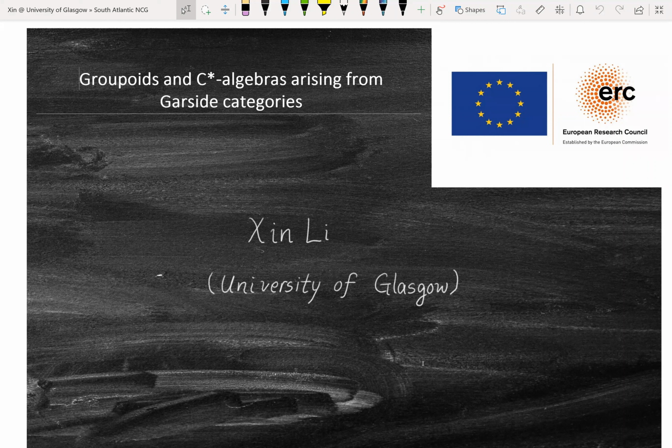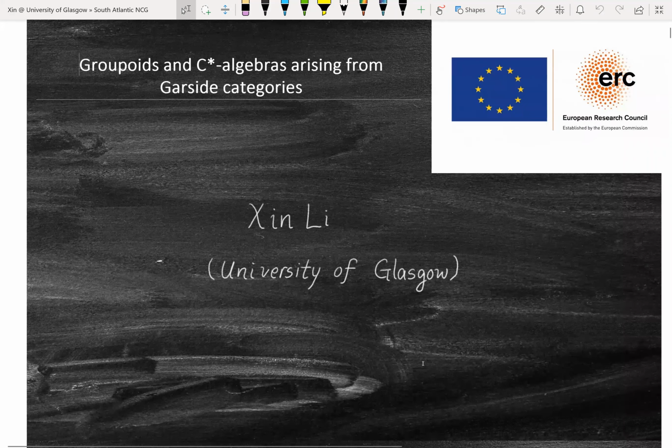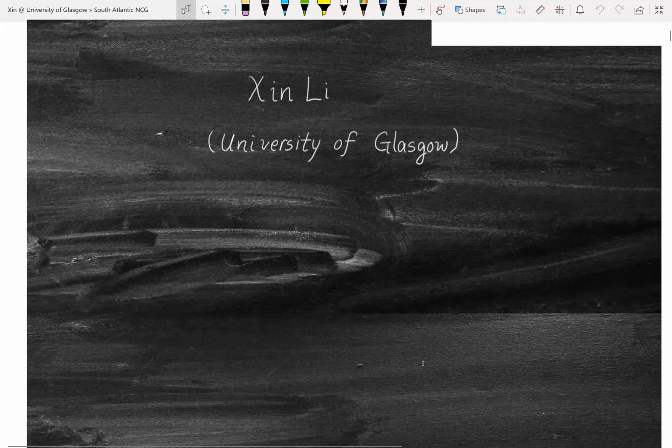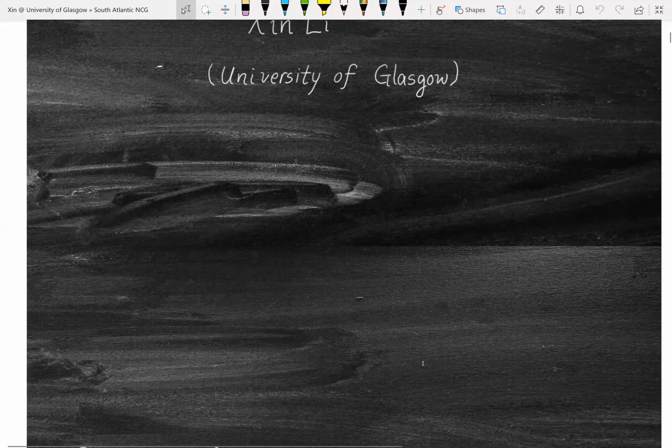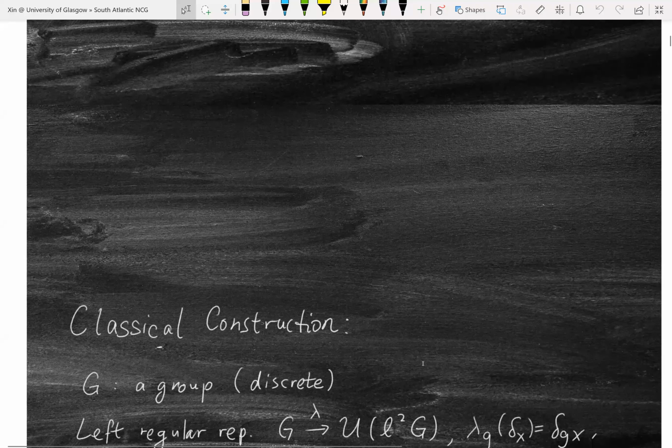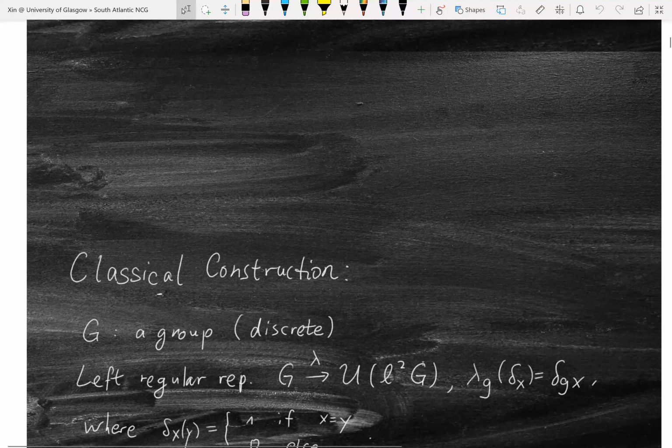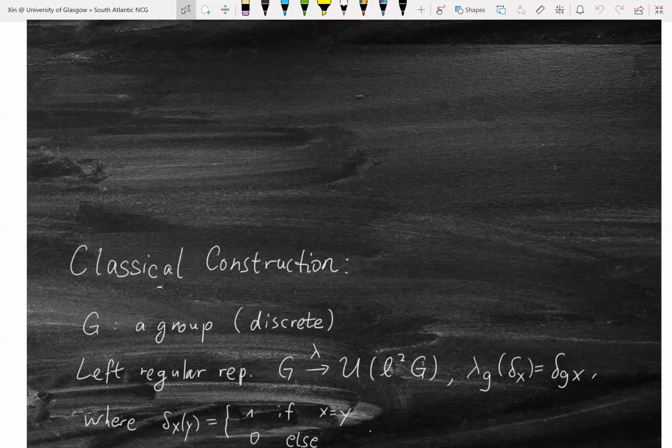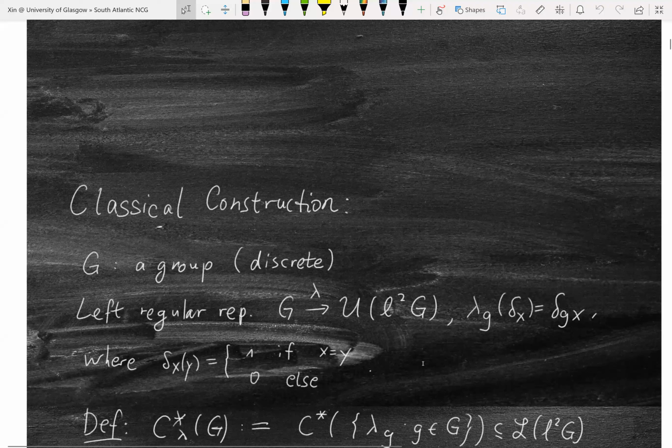Okay, so I'll start with a very well-known construction, namely of reduced group C*-algebras. The construction is as follows: take a group, say discrete, and you construct, first of all, the left regular representation.